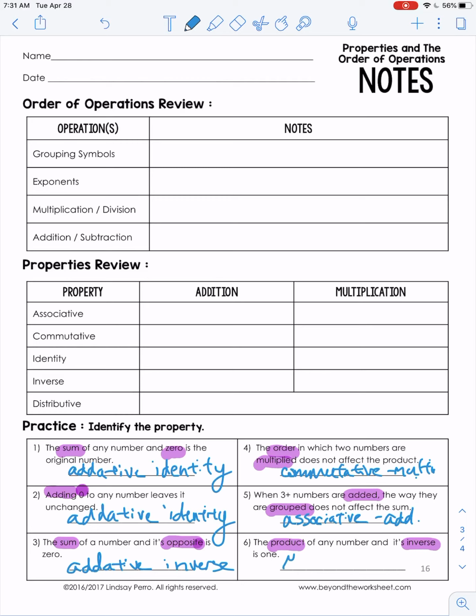That would be the multiplicative inverse. So those are the two main things that you're going to be working on today: identifying properties and simplifying expressions using the order of operations.